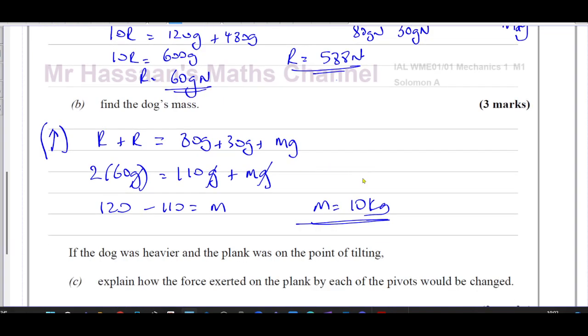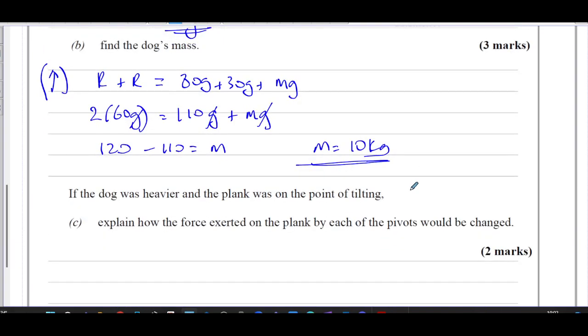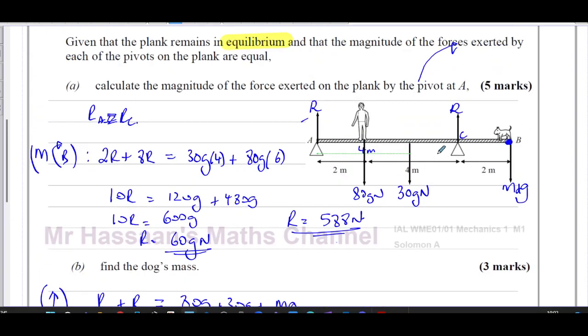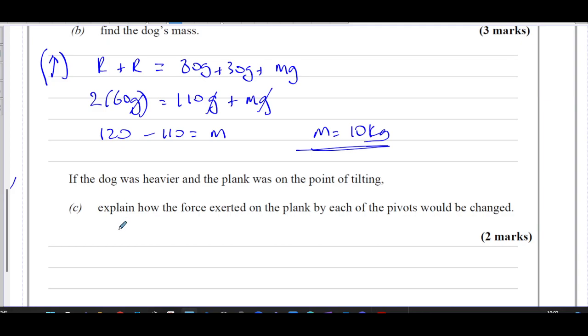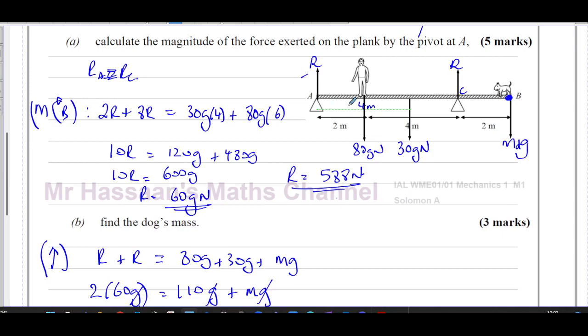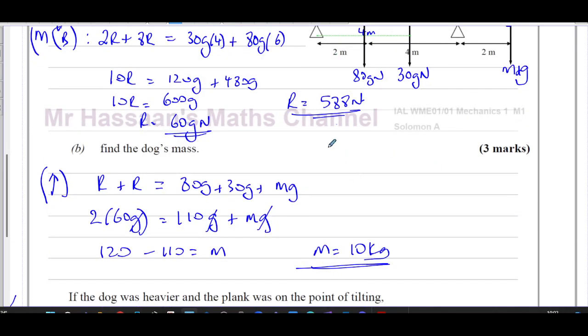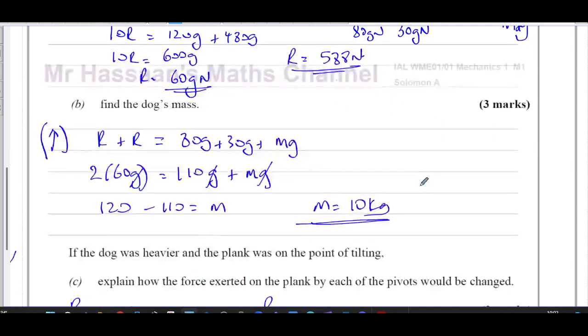And then it says part C, if the dog was heavier and the plank was on the point of tilting, explain how the force exerted on the plank by each of the pivots would change. So if it was on the point of tilting, then the reaction force at A would equal 0. And the reaction force at B would be equal to all of the combined weights of everything.